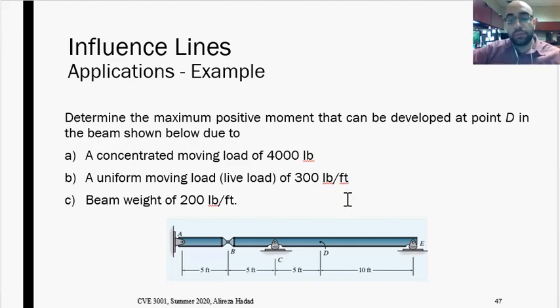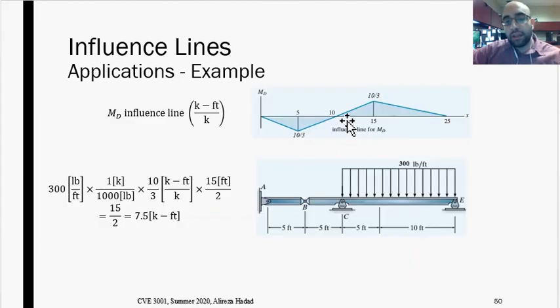How should I place this uniform load on the beam to get the maximum bending moment at point D? Again, I have to look at the influence line. I can see these are the regions where we get positive bending moment at point D, the regions where we have positive values in the influence diagram. So I'm going to distribute this uniform load in the positive region of the influence diagram.